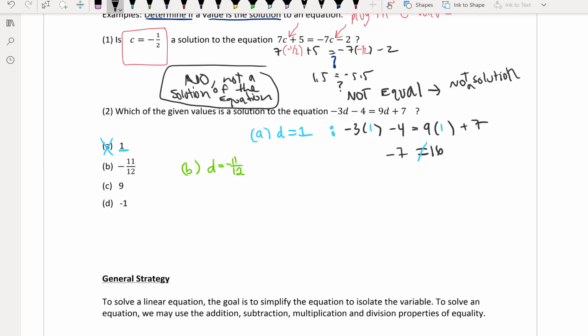And I'm still plugging it into the equation as negative 3 minus 4 is equal to 9 plus 7. So notice here that I'm putting parentheses around the D value that you're plugging in. So that way you can think, okay, no matter what the D value is, this is what I'm going to be dumping into the equation. So for now, we are going to be dumping this into my parentheses.